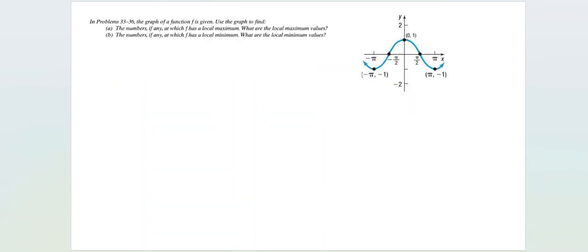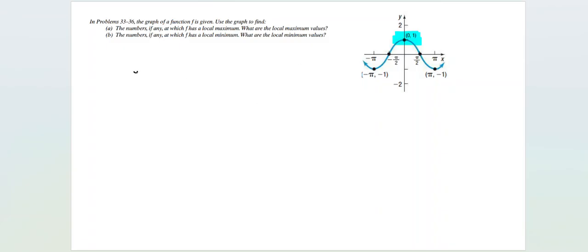My next exercise is this. They say in problems 33 to 36, the graph of a function is given. Use the graph to find the numbers, if any, at which this function has a local maximum. What are the local maximum values? And the numbers, if any, at which the function has a local minimum. What are the local minimum values? So it's evident that we have, in this case, a local maximum at x equals 0, and the local maximum value is going to be 1, right?